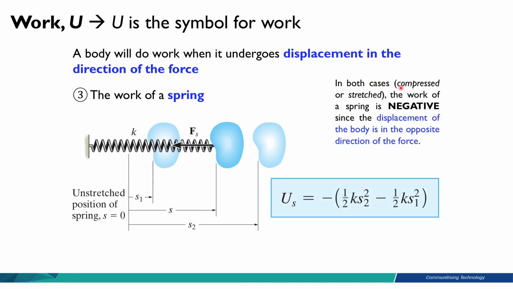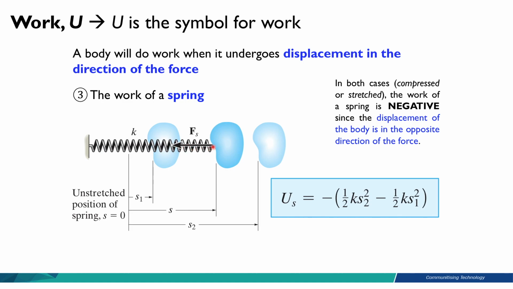In both cases, compressed or stretched, the work done by the spring is negative, because the displacement of the body is in the opposite direction of the force. If you compress a spring, then the force will be acting in the opposite direction of the displacement.